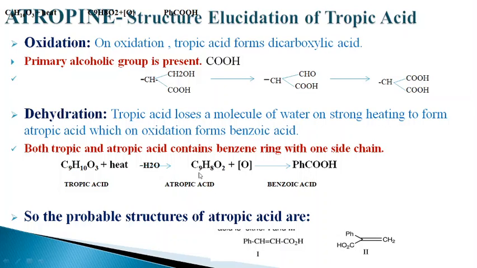So on the basis of this dehydration and oxidation reaction, we will deal with the probable structures of atropic acid first. As it is the dehydrated product of tropic acid, it contains a double bond. So the possibilities are: Ph-CH=CH-COOH, this is structure 1, and the second is structure 2.